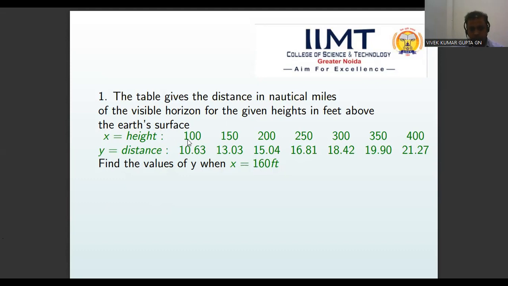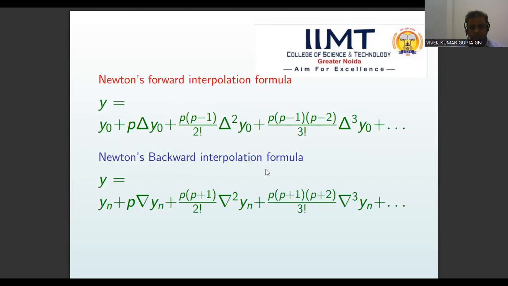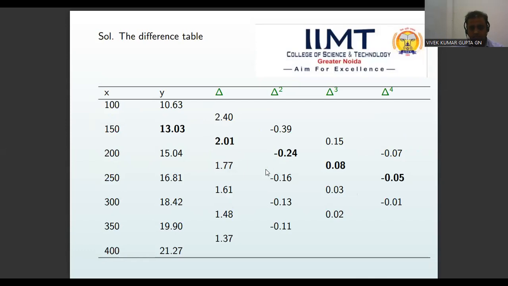We can see that the heights are in equal intervals, and the values of y are given in the form of distance. We have to find the value between 150 and 200, for x equal to 160. So we are going to interpolate the polynomial by using Newton's forward interpolation formula.